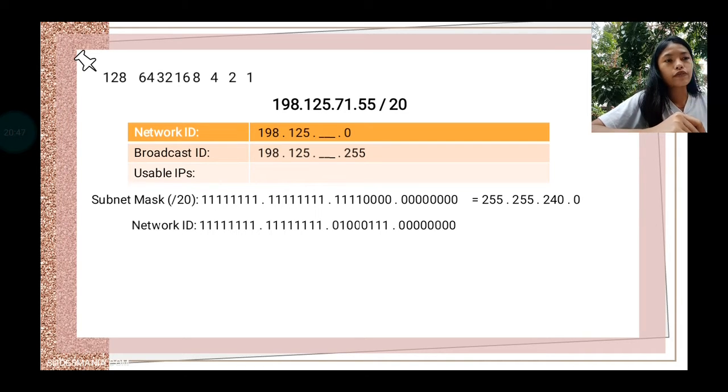Also, our fourth octet stays the same since they are all zeros. We don't have to change anything about it. And since in the broadcast ID all the zeros will be turned to 1, there we have it as 255.